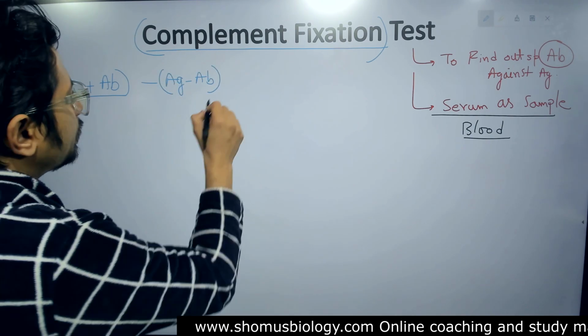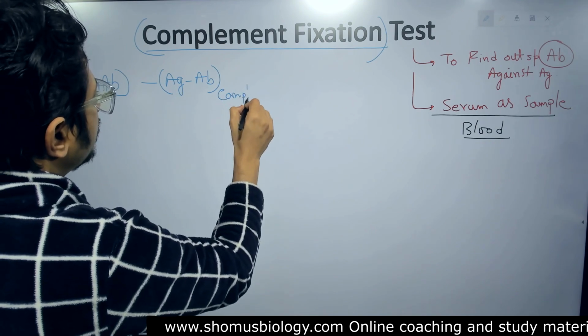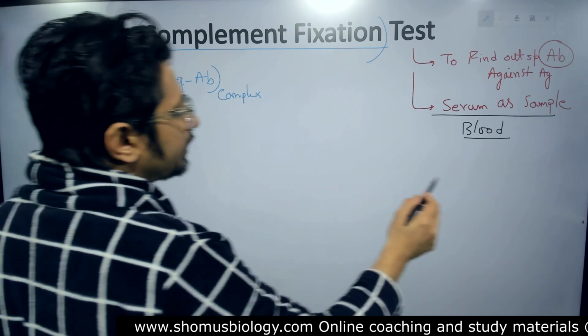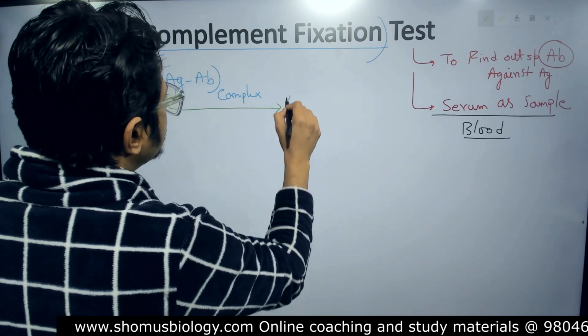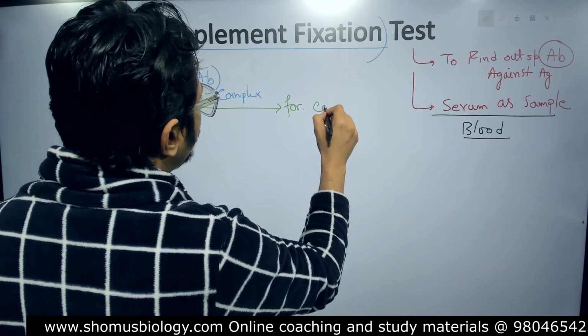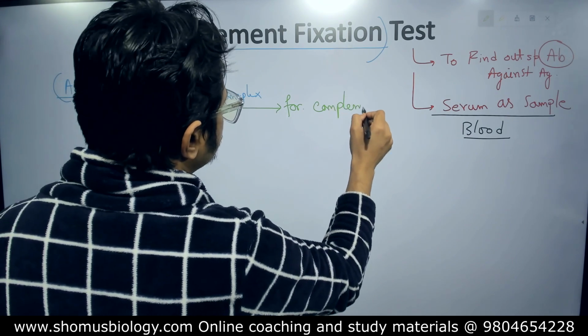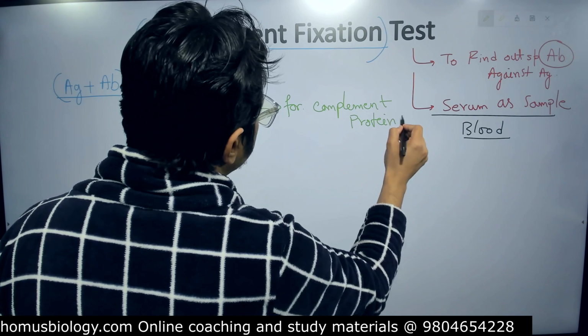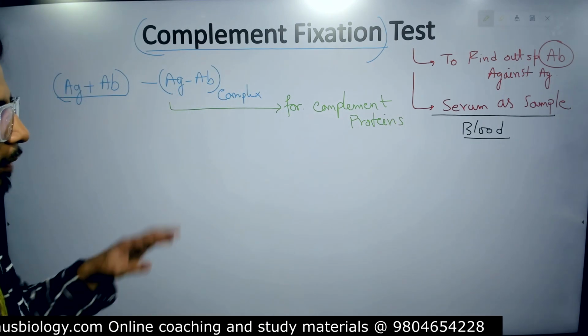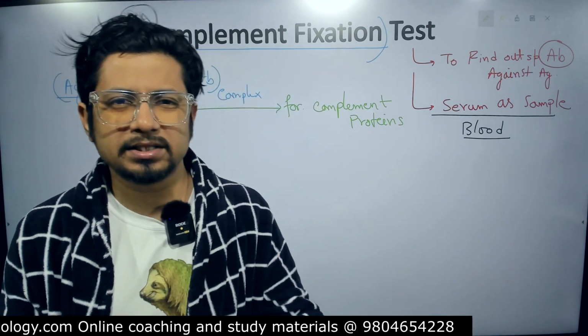The antigen antibody complex that they form is a trigger factor for complement proteins, which are also present in our serum. Complement proteins are known as C1, C2, C3, C4.